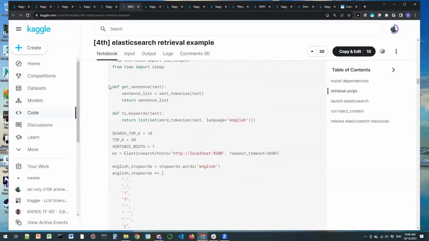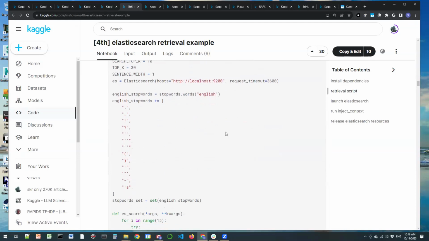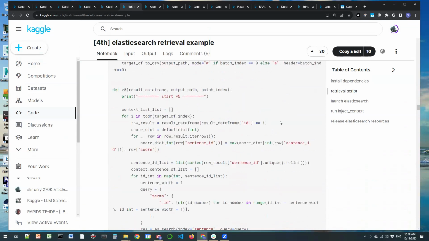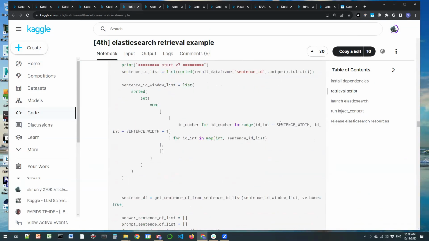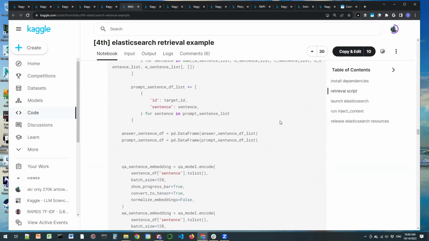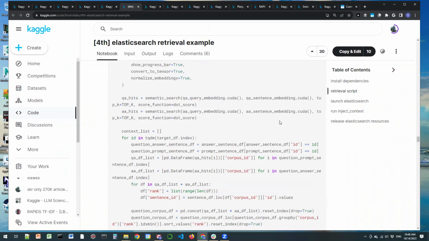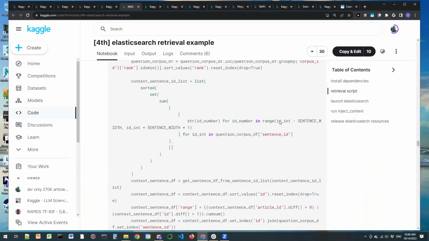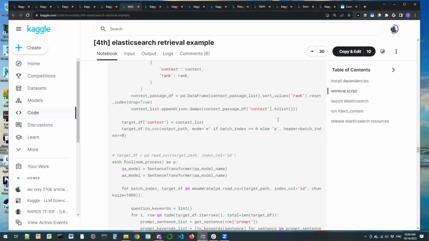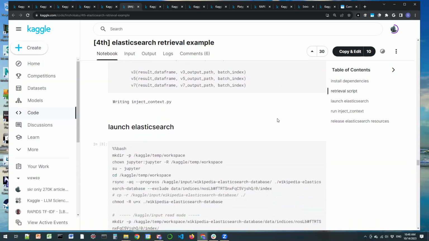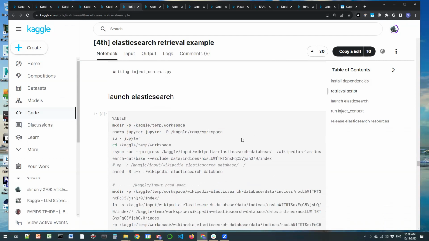Sentence transformers. Yeah, I don't know that we'll figure it out. Elasticsearch data.